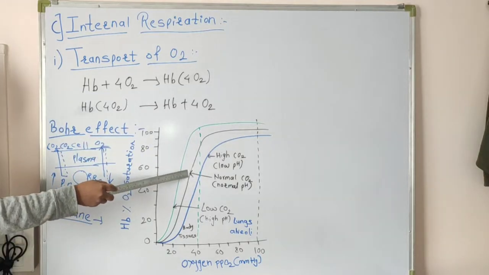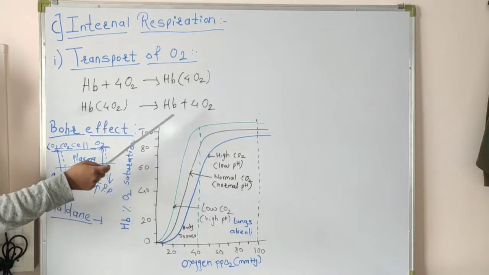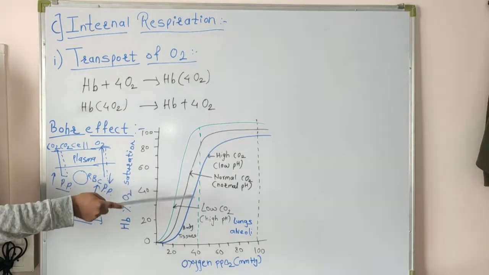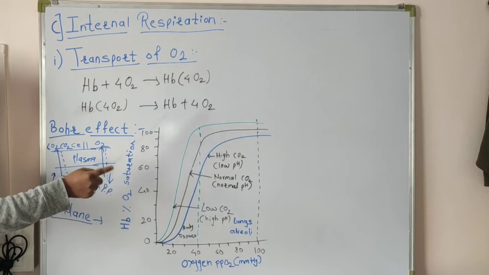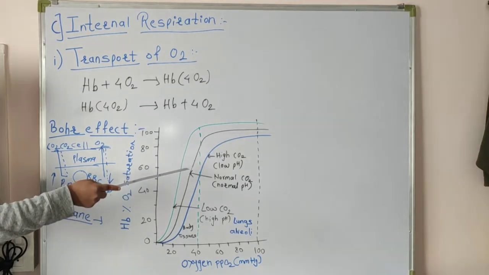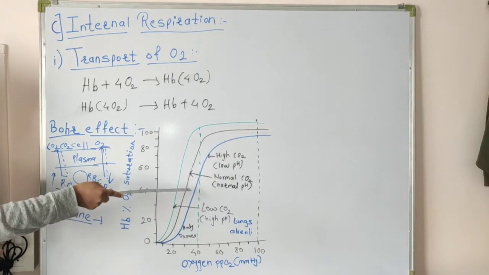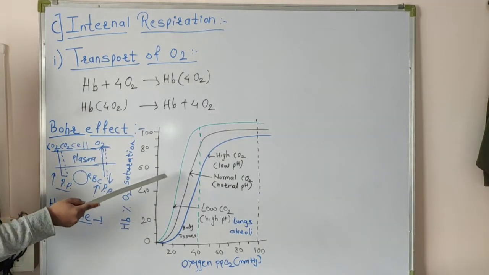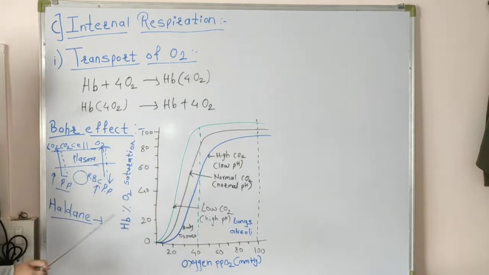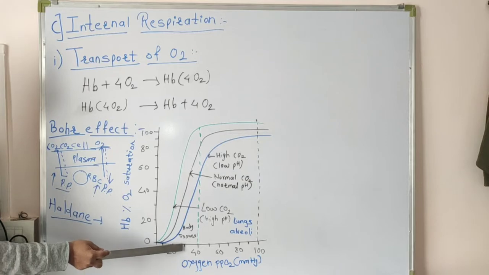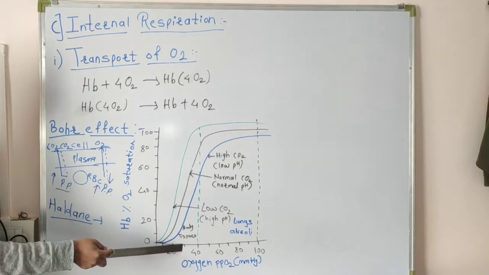When ions of hydrogen increase, at that time the partial pressure of CO2 increases. At that time the affinity of oxyhemoglobin decreases and it starts to move towards the right side. Here you can see the partial pressure of oxygen at 30 mmHg.